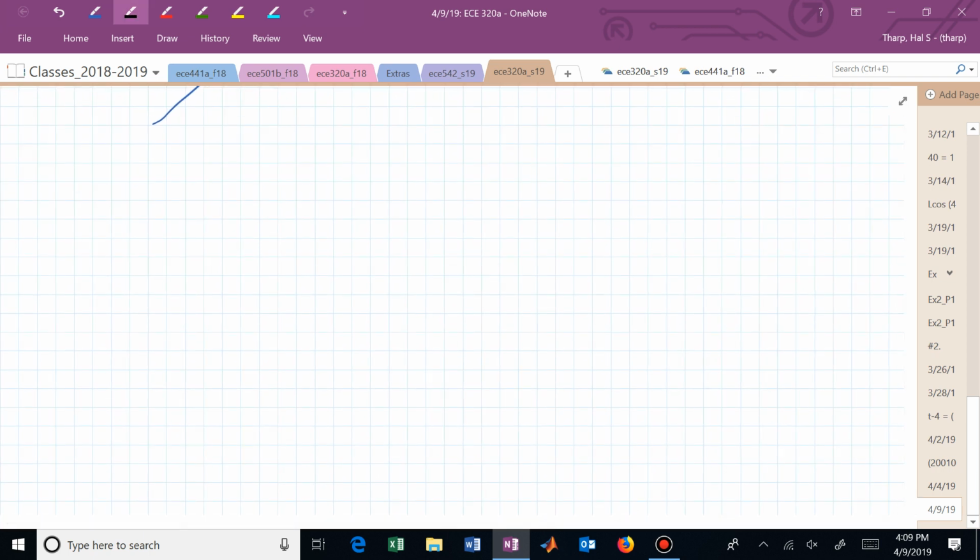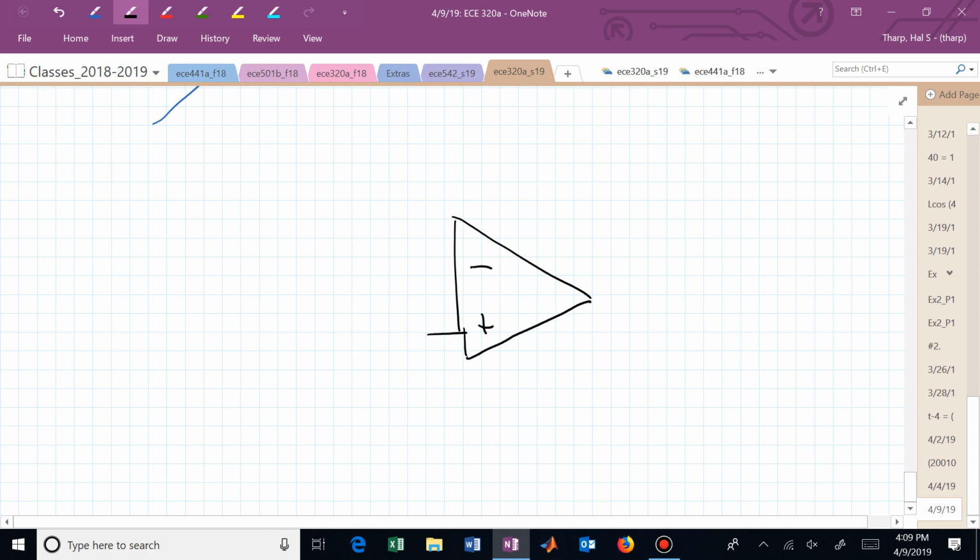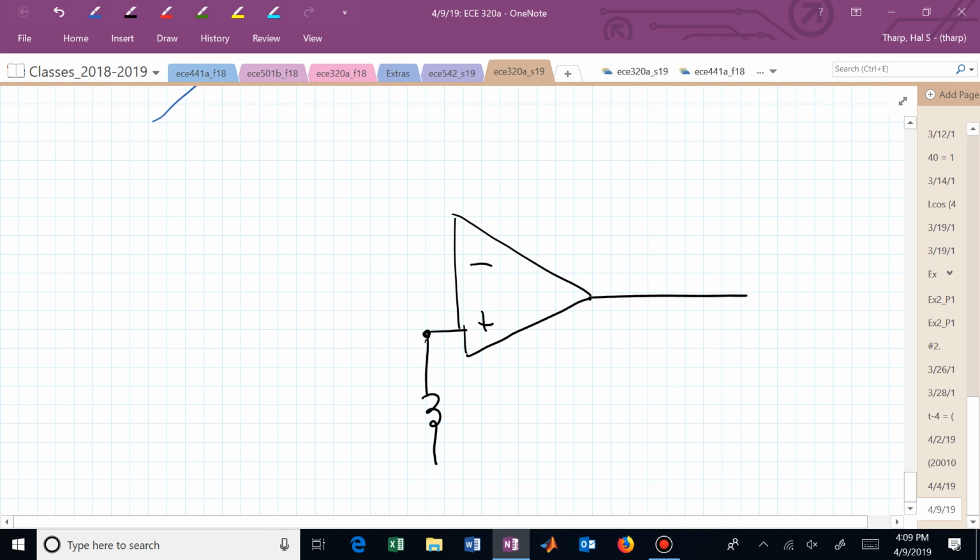Suppose that I now have an op-amp, same configuration that I had before in terms of the inverting terminal up top, the non-inverting down below, but now I'm going to put right here at the non-inverting terminal an inductor to ground.